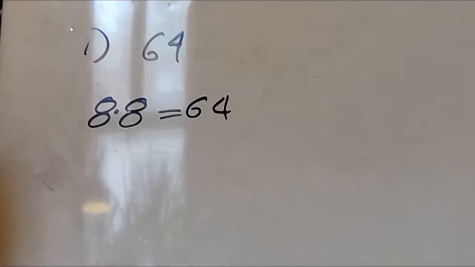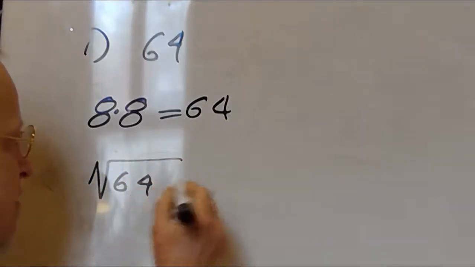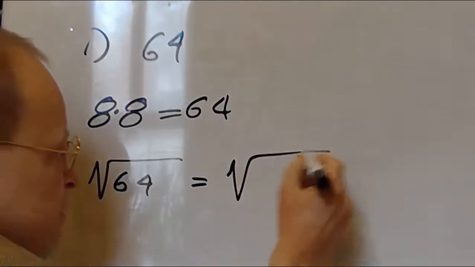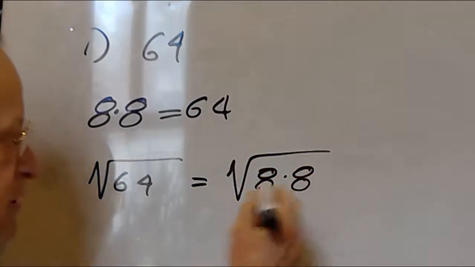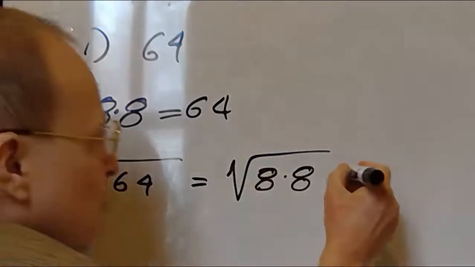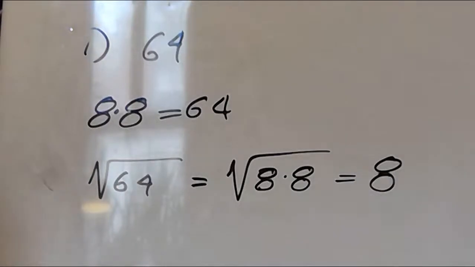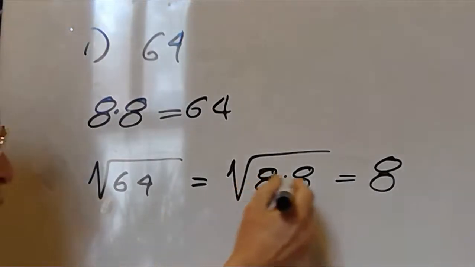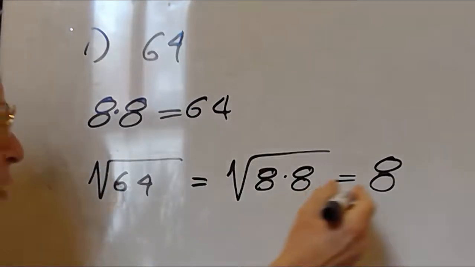So if we do the square root of 64, that's equal to the square root of 8 times 8. And because this is done twice, we end up with 8 as our final answer. So by squaring that inside, like I said earlier, we get back 8.